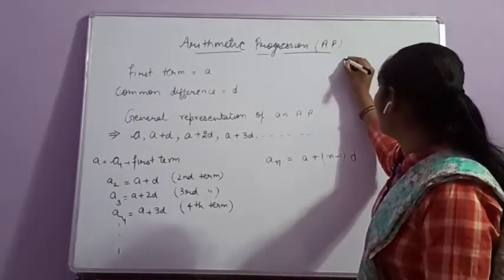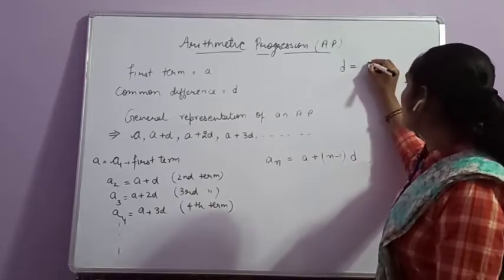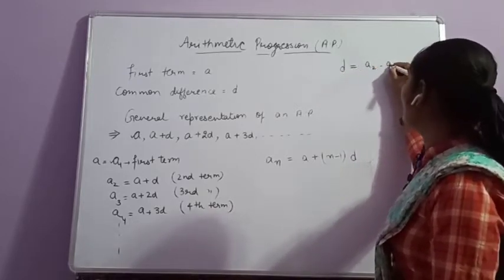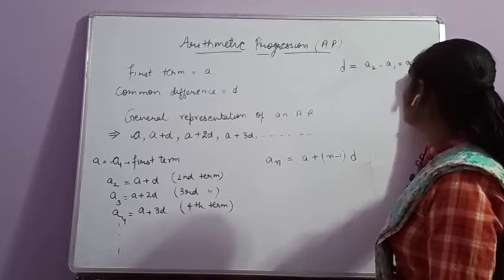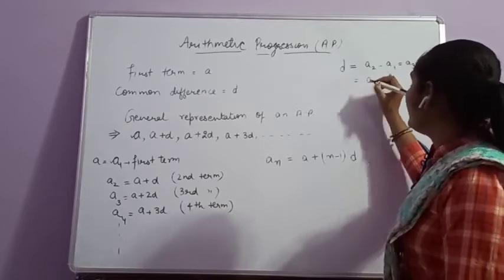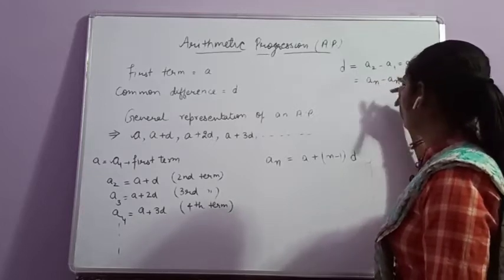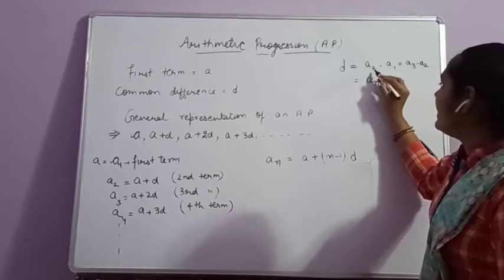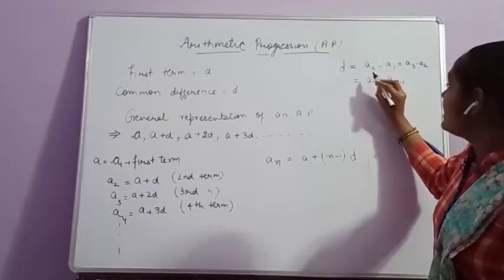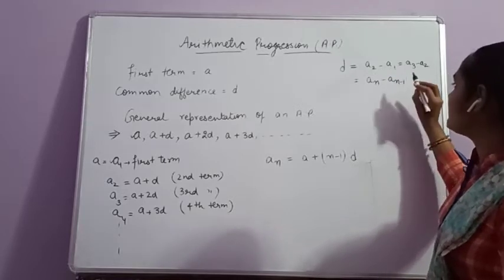And if we have to write the formula for d, then d is equal to a2 minus a1 or a3 minus a2. In general term, we can write an minus an minus 1. You can see here a2 minus a1, that is n is equal to 2 and 2 minus 1.